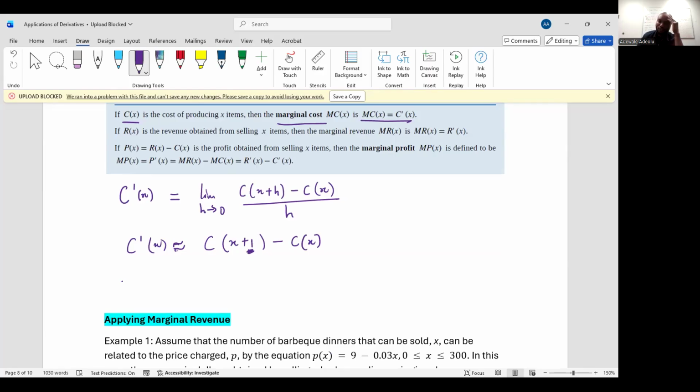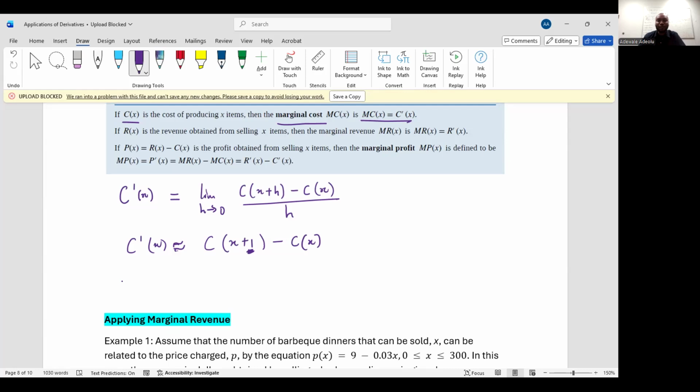So, for example, just bring yourself out of calculus now. If I say, what is the cost of producing the 51st item? All you need to ask me is, what is the cost of producing 51 items? What is the cost of producing 50 items? Then you subtract it, then you know that is the cost of producing the next one item.